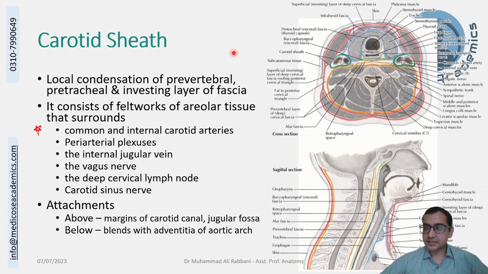All of the great arteries, the common carotid and internal carotid, have a plexus of sympathetic nerves around them that is included. Just lateral to the artery, there is a vein, the internal jugular vein. In Urdu, which is Shahrab.